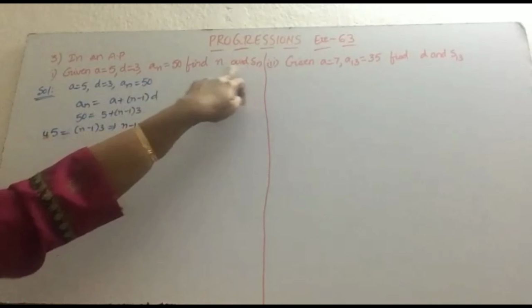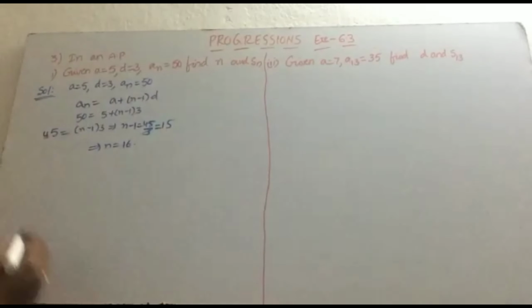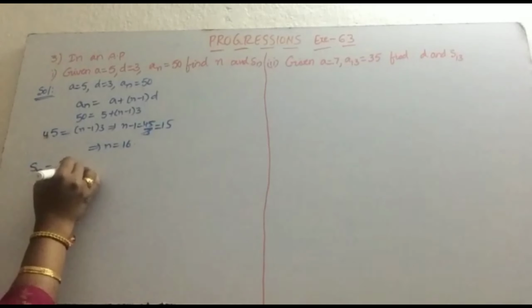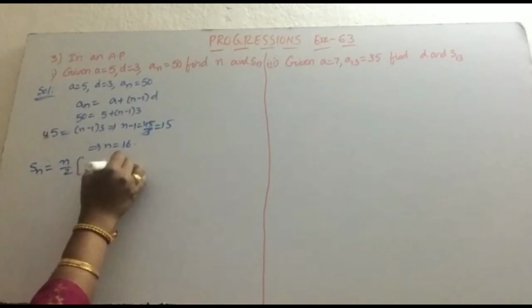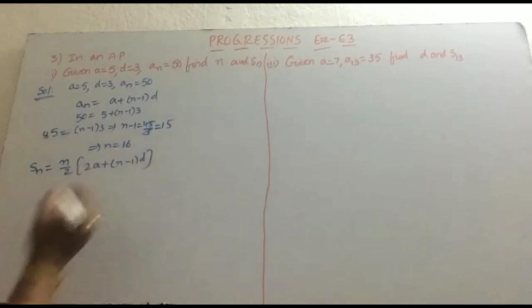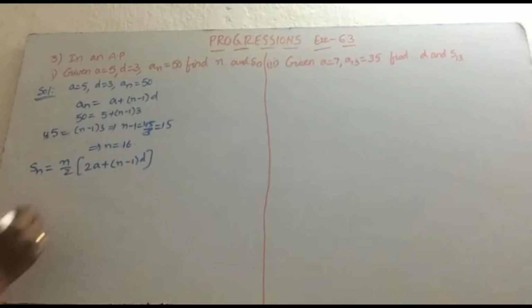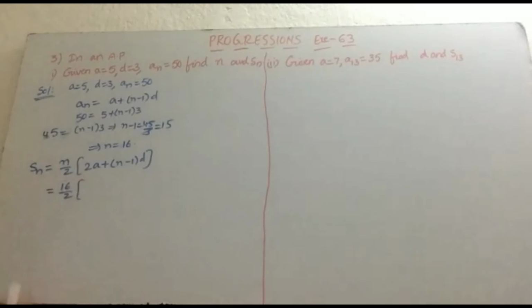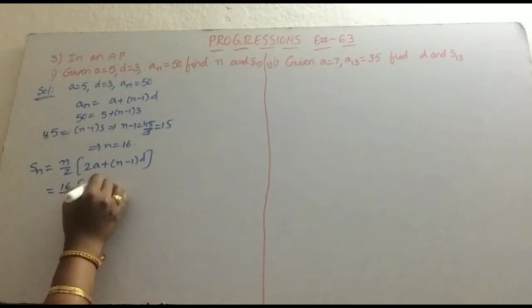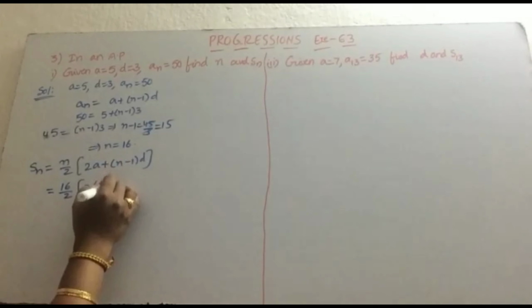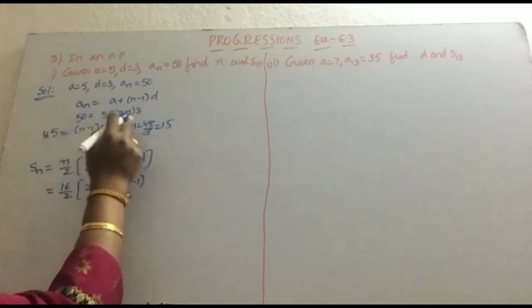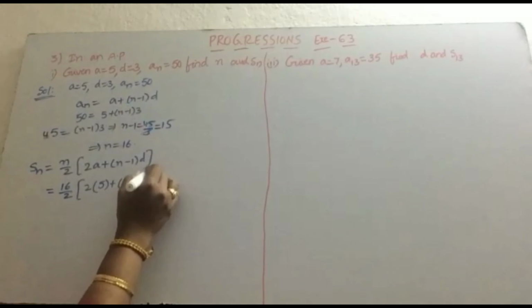And we will find Sn also. We know that Sn is equal to n by 2 into 2a plus n minus 1 into d. So that is equal to 16 by 2 into, a is 5, plus 16 minus 1 into d is 3.